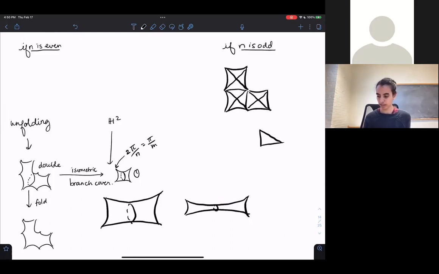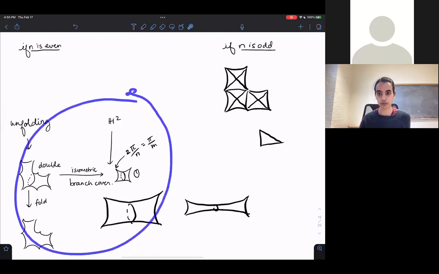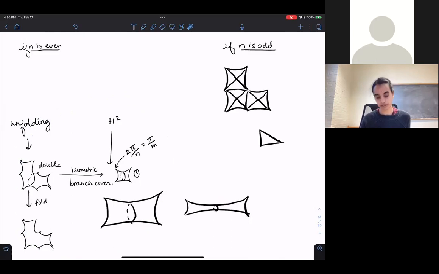So you can see that it's a delicate thing, but by and large, the situations where this can happen are very rare. It's this special case where you can branch cover an orbifold and have all your cone points go to even order cone points.